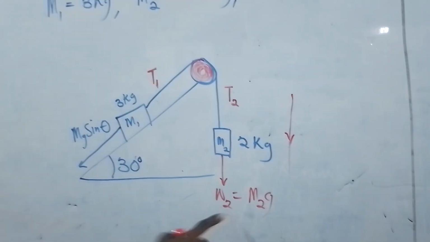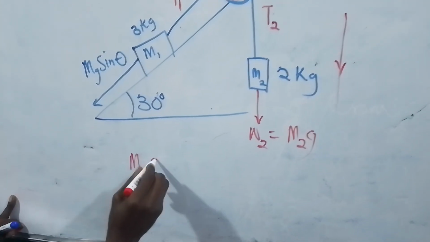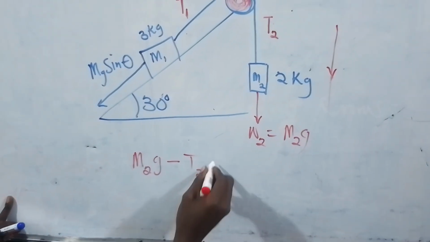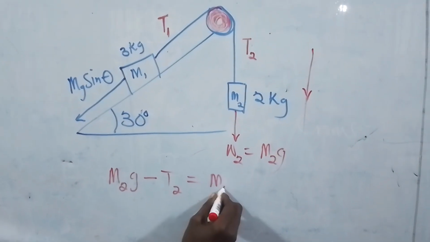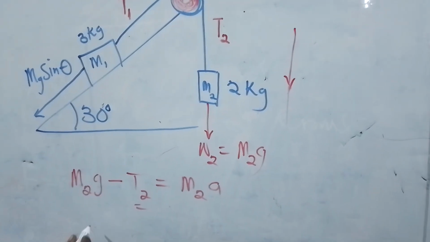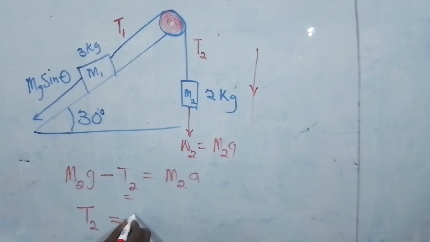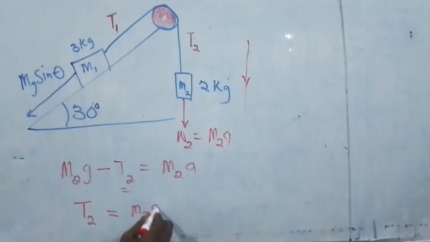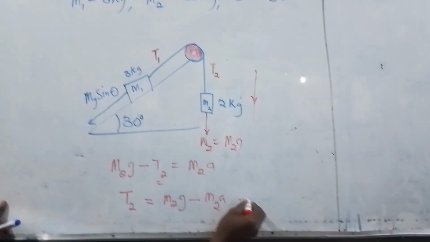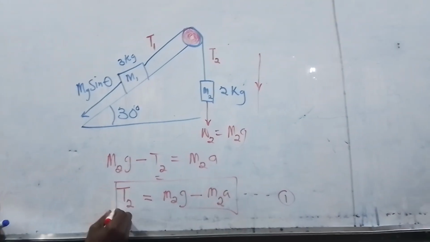So my weight, M2G, minus the tension T2 will be equal to M2A. If we make T2 the subject of the formula, T2 will be equal to M2G minus M2A. Let this become our equation number 1.